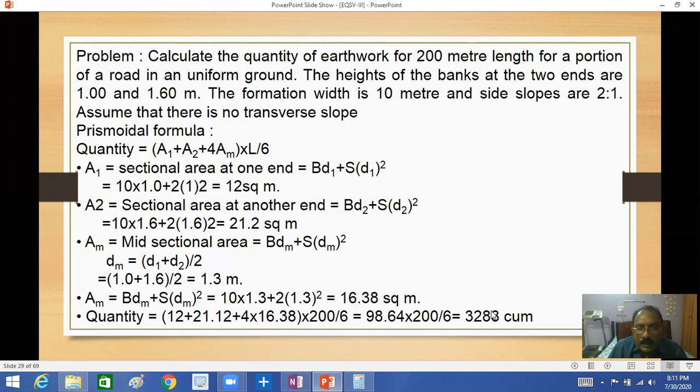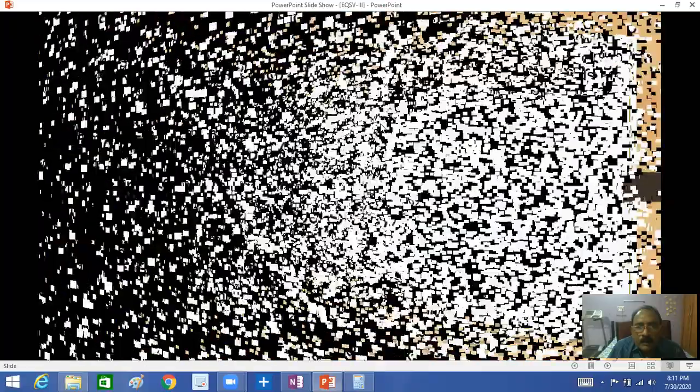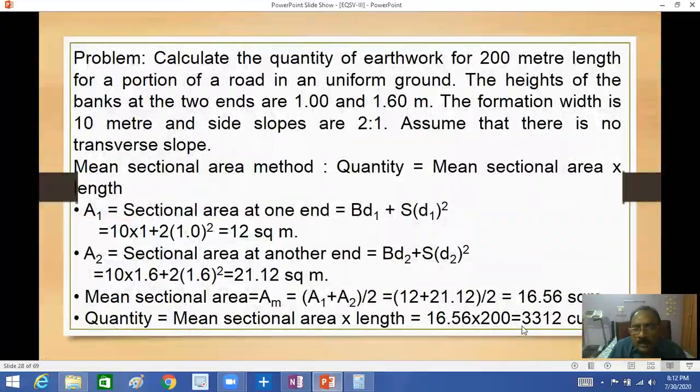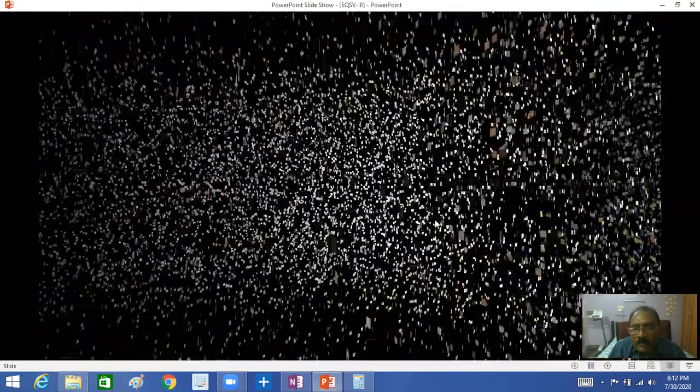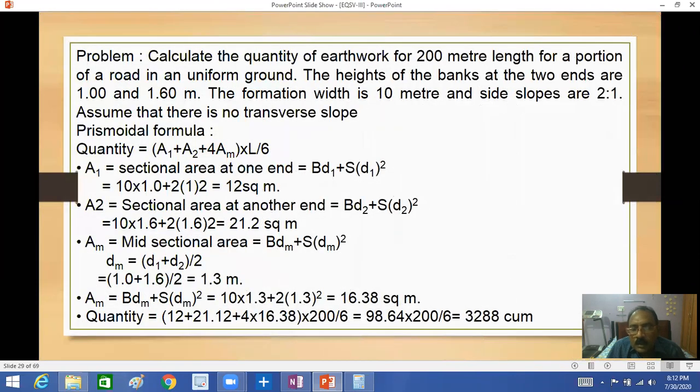We will get 3,288 cubic meters. See, in the previous problem, how much did you get? 3,312. In this problem, how much did you get? 3,288. But this is the more accurate method compared to the previous method.